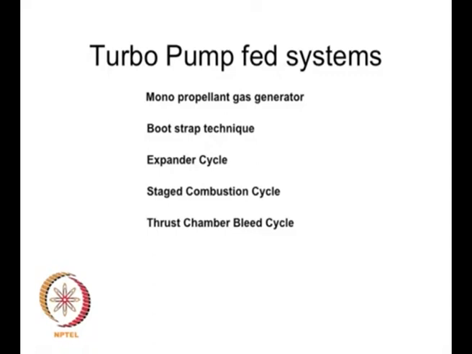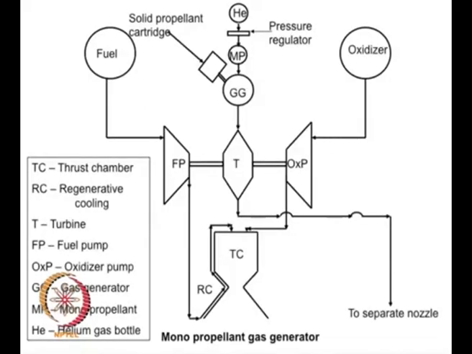There is something called as monopropellant gas generator, bootstrap technique, and then you have an expander cycle, stage combustion cycle, and thrust chamber bleed cycle. Let us look at the individual designs a little more in detail. This is the schematic of monopropellant gas generator.